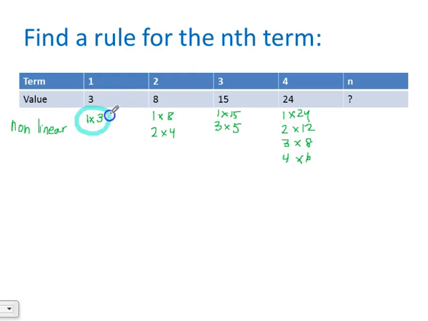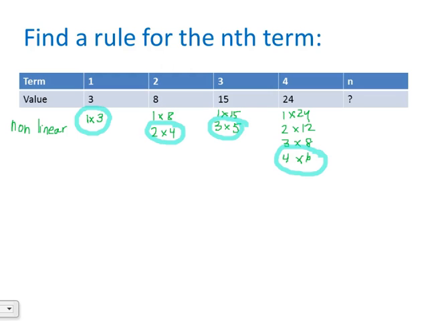I'm going to help you out here. I'm going to circle some factors. Now, we want to see if we can find a pattern between the term number and the factor.